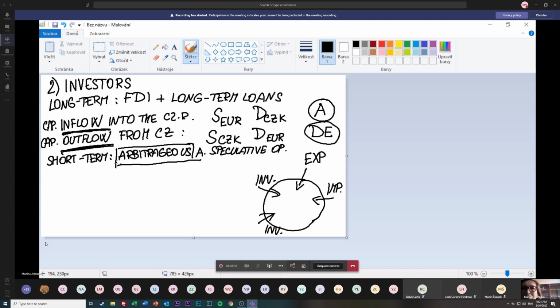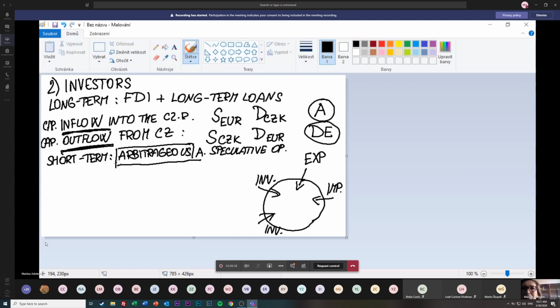So I can buy Christmas tree in the suburb of Prague for 500 Czech crowns, and I can go to the city center and sell it for 700 Czech crowns. That's just the arbitrage.